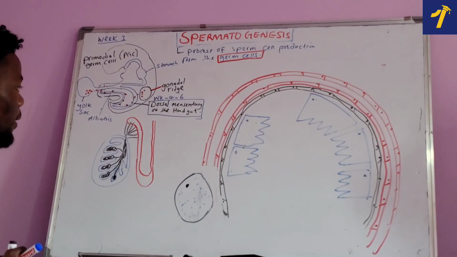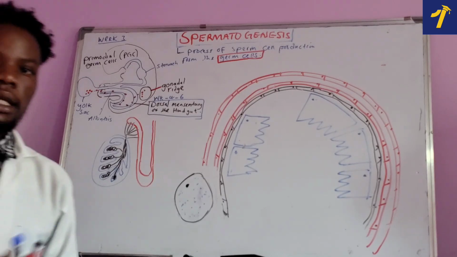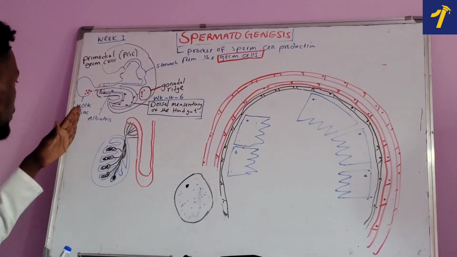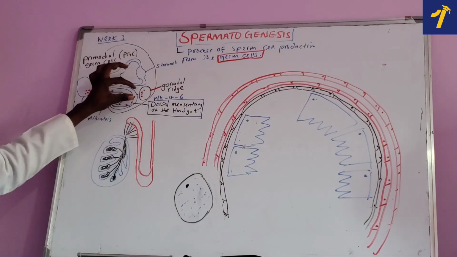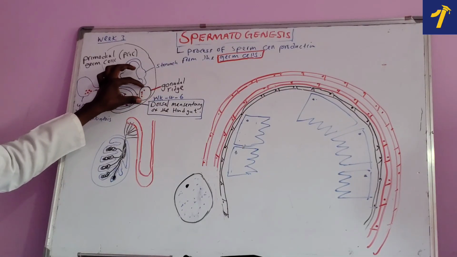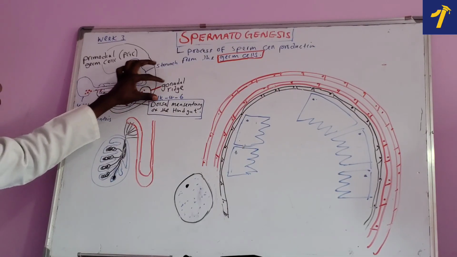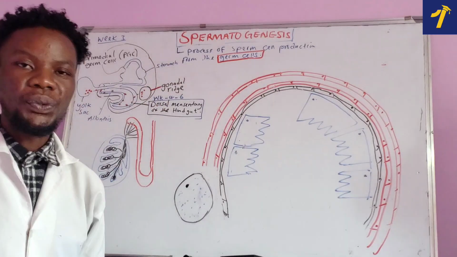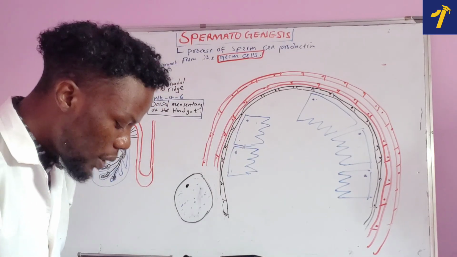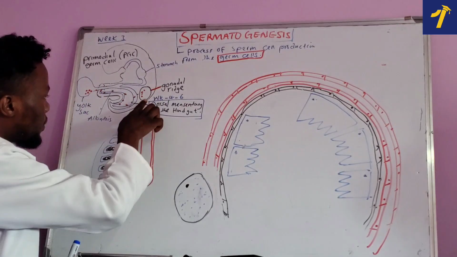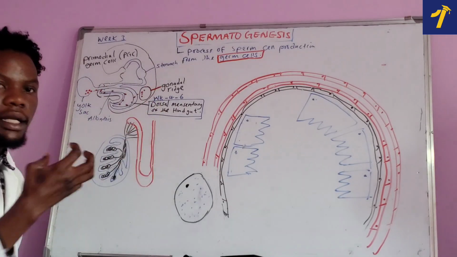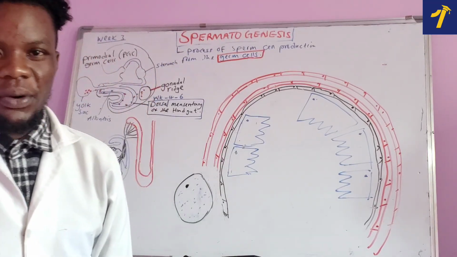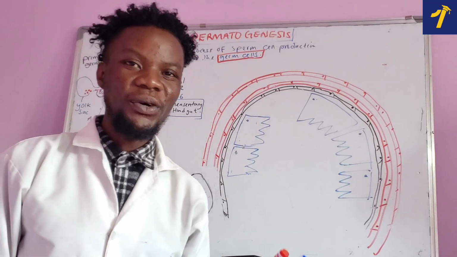Okay? Now, we need to understand the next step. What happens to these gonadal regions the moment these germ cells find themselves there? Something very fine is going to happen. These gonadal regions have the ability to differentiate into the male gonads and the female gonads.